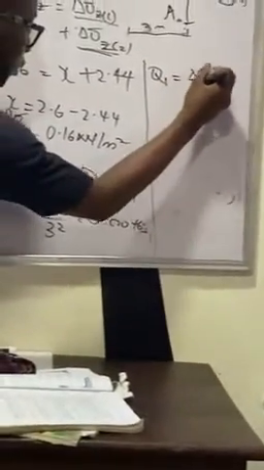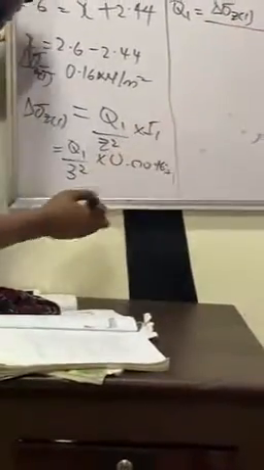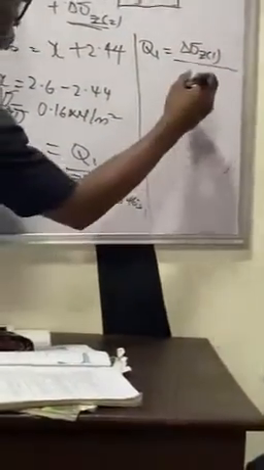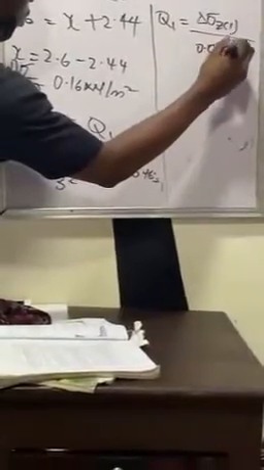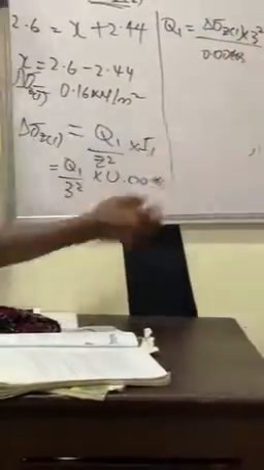So Q1 will be equal to change in vertical stress caused by the first force, 0.16, divided by 0.00463 multiplied by the depth squared.